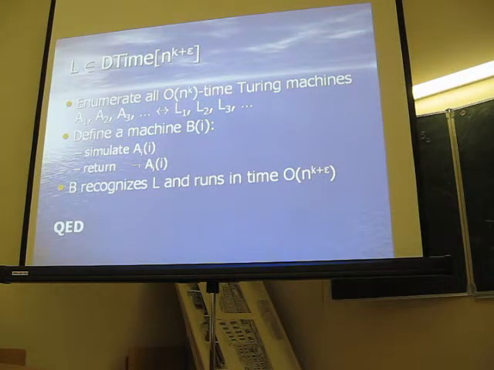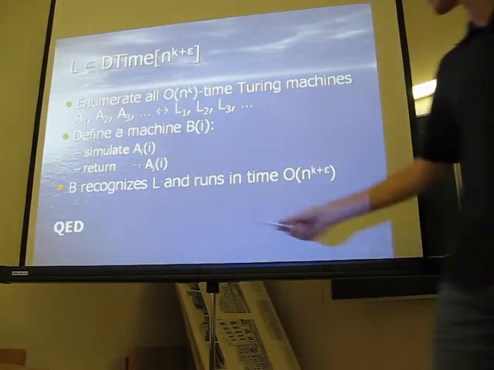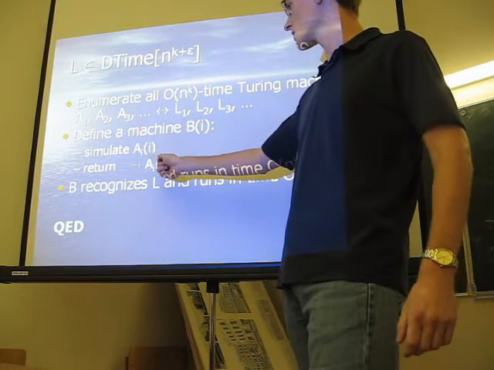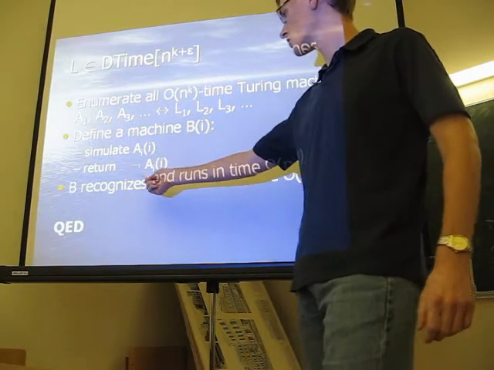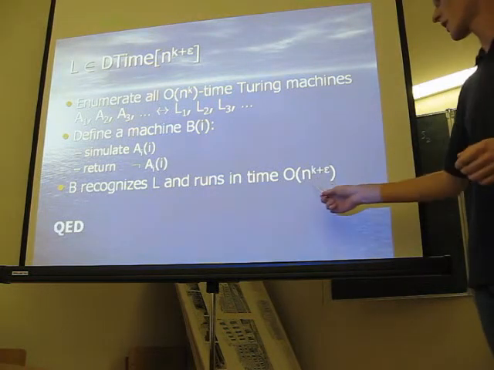For that, we can just enumerate all Turing machines and then restrict them to run in time n to the k. And now I construct a new machine B that on input i takes machine A sub i, simulates it on input i, and returns the opposite answer. One may see that actually B recognizes the language from the previous slide, and also we may see that B runs in time n to the k plus epsilon.